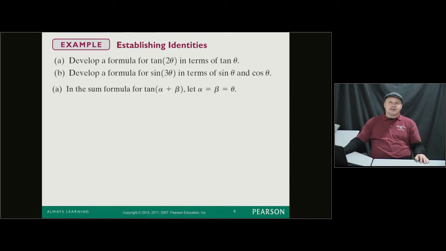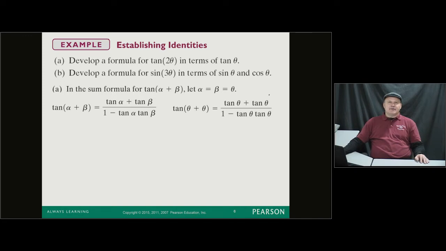Let's look at this. The sum formula: tangent of alpha plus beta, where alpha equals beta equals theta. Now, if you recall, tangent of alpha plus beta is the tangent of alpha plus the tangent of beta over 1 minus the tangent of alpha times tangent of beta. That's the summation formula for the tangent of alpha plus beta.